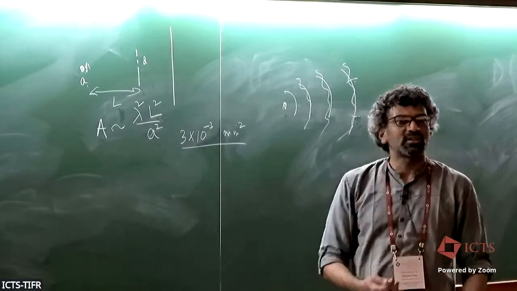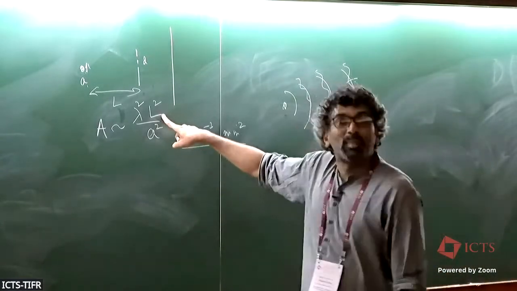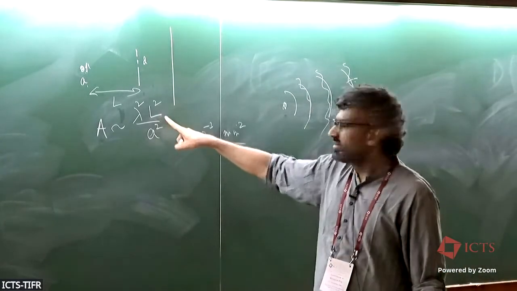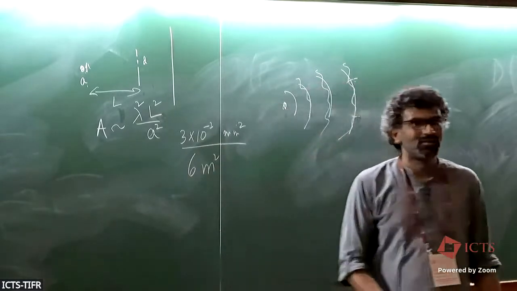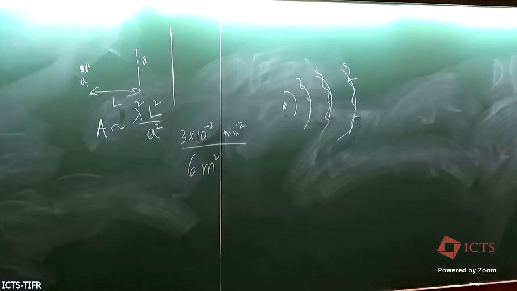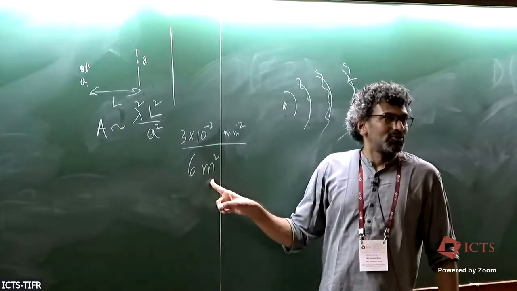You get the structure of the sun. For a star, this L is much larger. This number will come out to be of the order of 6 meters square. So over a 6 meter square area, starlight, which is again a thermal source, with all atoms emitting incoherently, there is coherence.